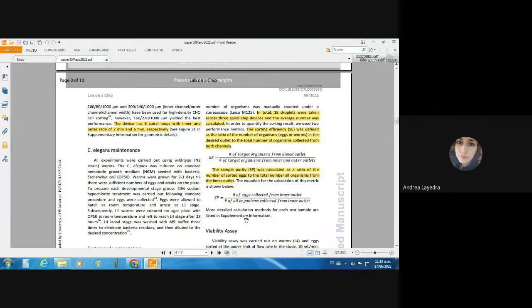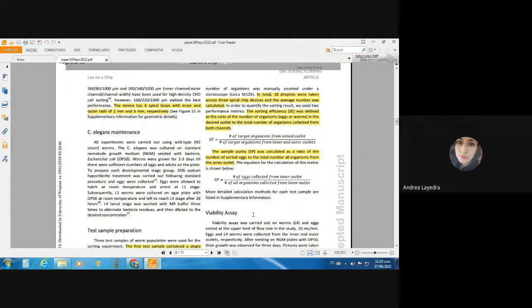During the sorting experiment, the worm concentration was 7 worms per 10 microliters and the total injection volume was 5 milliliters. They use these equations to quantify the sorting results.